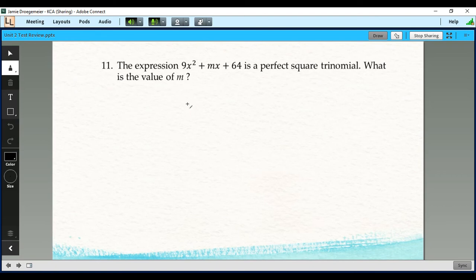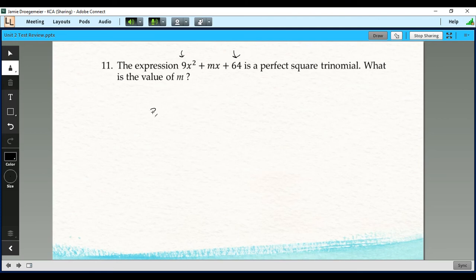All right, so to find that middle term m, we're going to take the square root of this coefficient and the square root of the last term, the c.